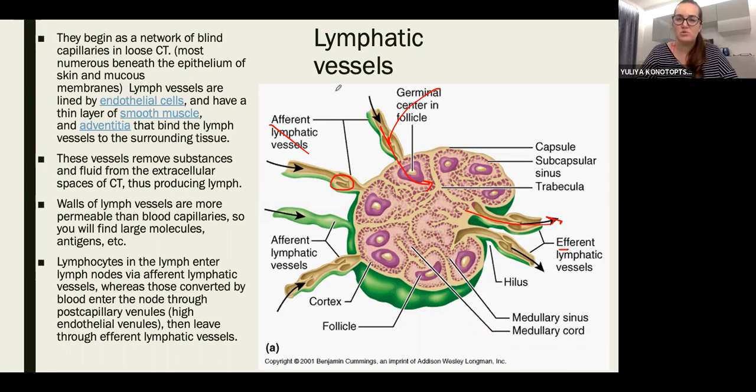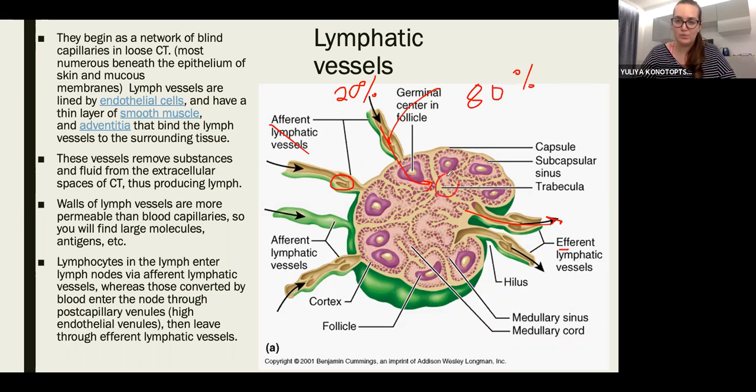Only about 20% of lymphocytes are using this route. So 20% of lymphocytes are actually using lymphatic vessels in order to transport around the body, to come to the lymph node and so on. 80% will use a blood vessel to get to the lymph node.